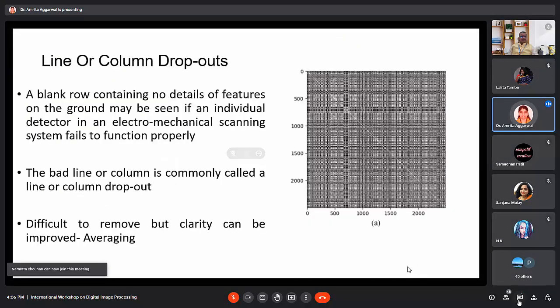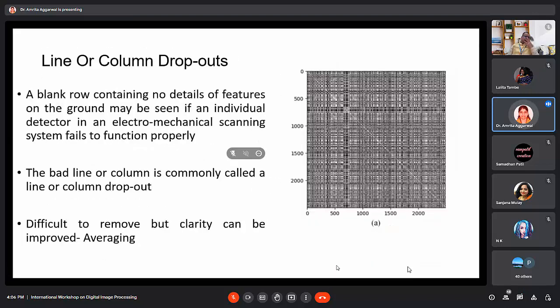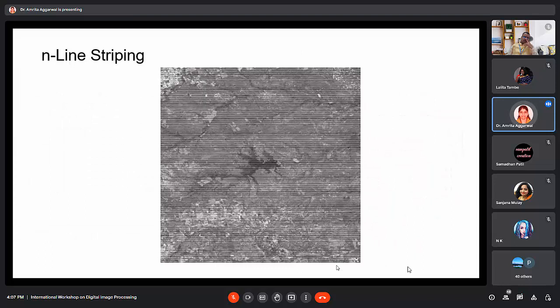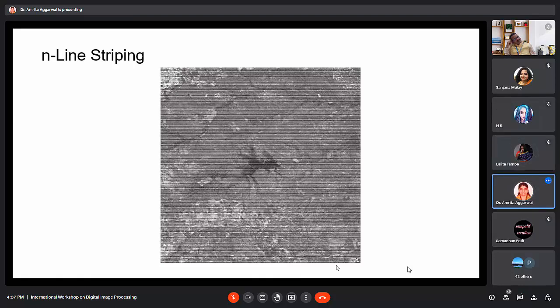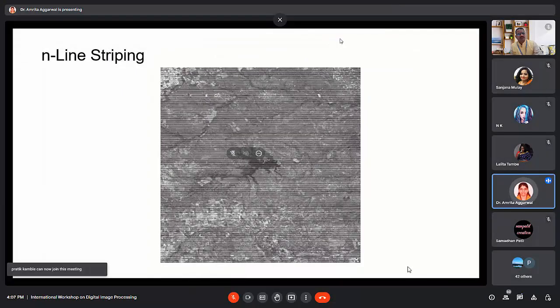In that we saw four types of errors: random bad pixels, line or column dropouts, line start problems, and end line striping, in which either one or two random pixels or an entire line or column or an entire imagery is distorted completely, where you cannot see the pixel values. We also saw what is a pixel, what is a pixel value, how does it come, and what is the reflectance behind each pixel, what is a reflectance value, for which we also understood the concept of electromagnetic spectrum, that is the EMR.